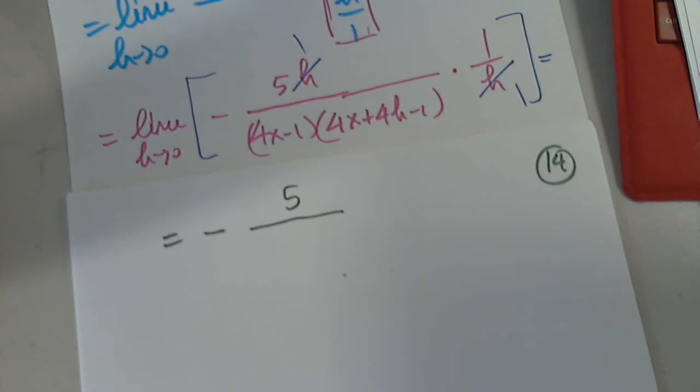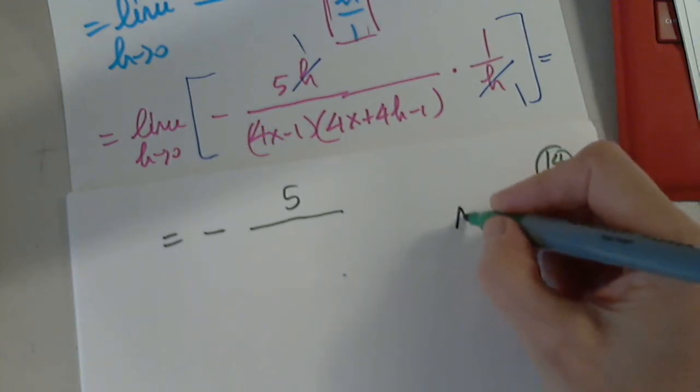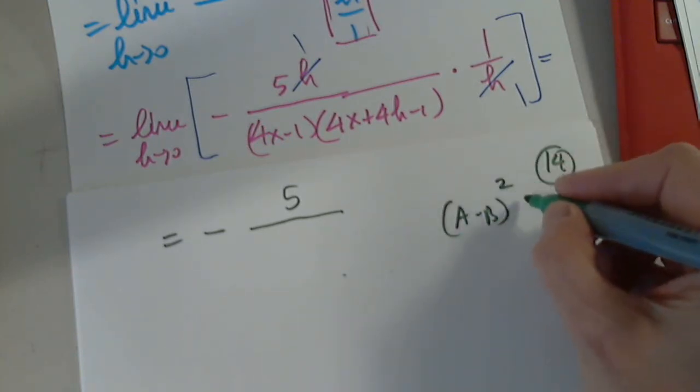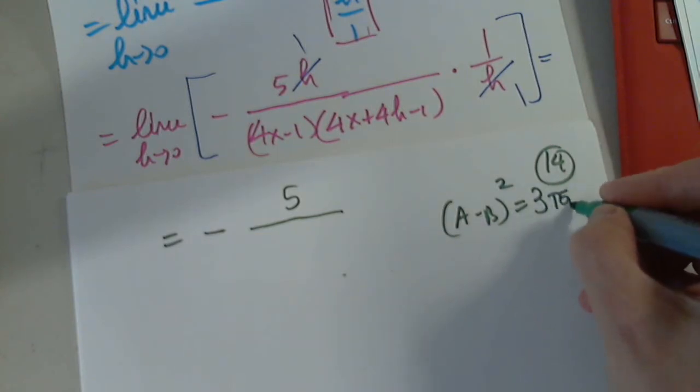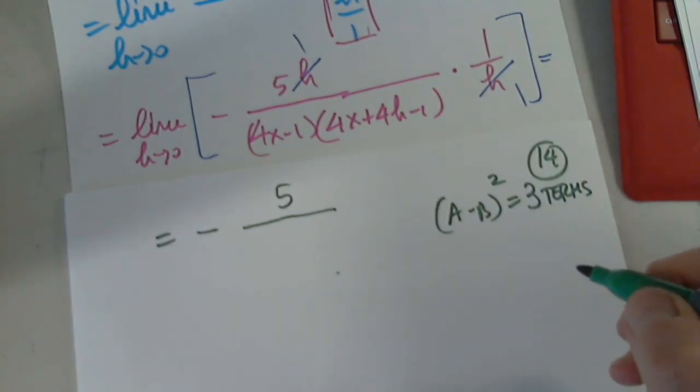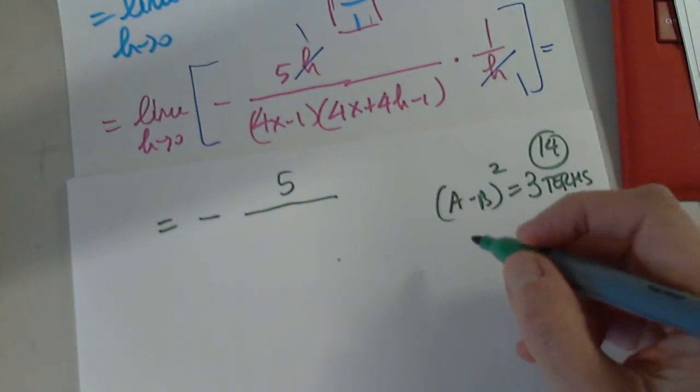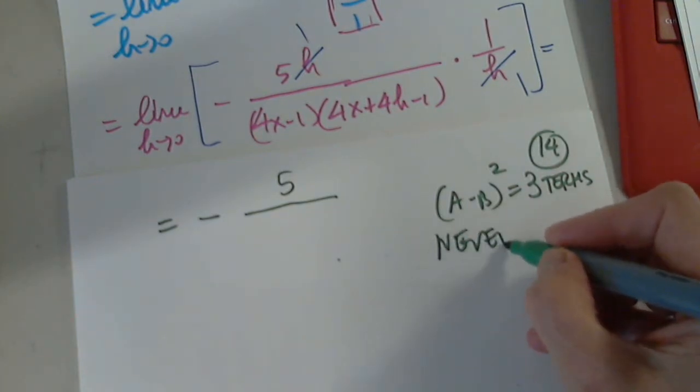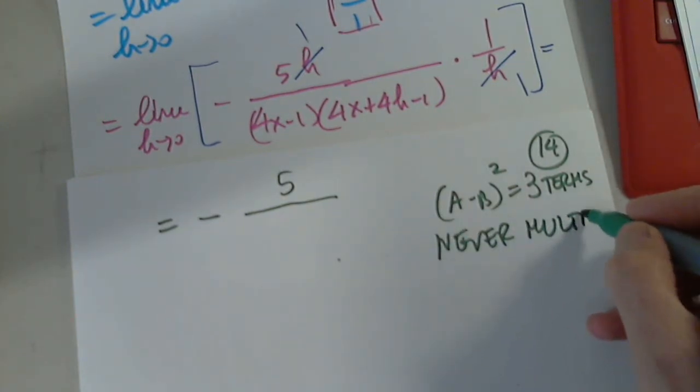Give it a shot. Would it be 16x squared minus 1? I mean plus 1. First of all, a minus b squared has 3 terms. That's one common mistake. Secondly, never multiply.